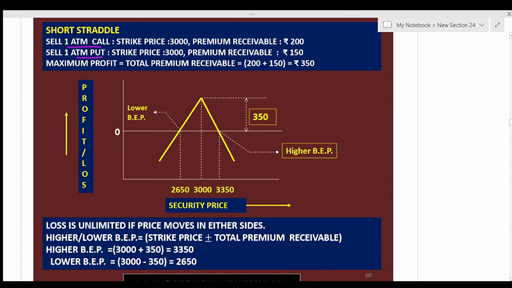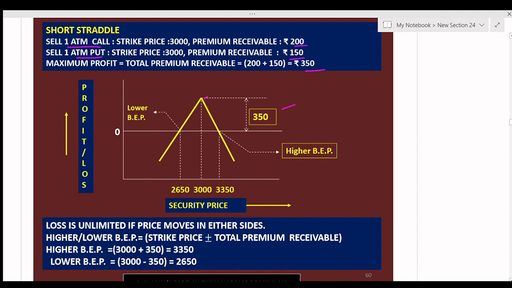If you see this, it will be short straddle, and premium receivable is 200 because it is sell, rupees 200, and here it is 150 for put option, and total premium received is 350. This is the maximum profit. You see the diagram. When the underlying price reaches this point, that is strike price, then the profit will be maximum and it will be 350.